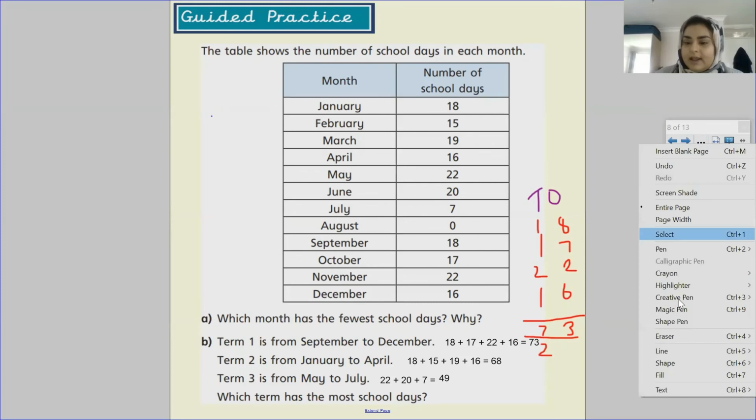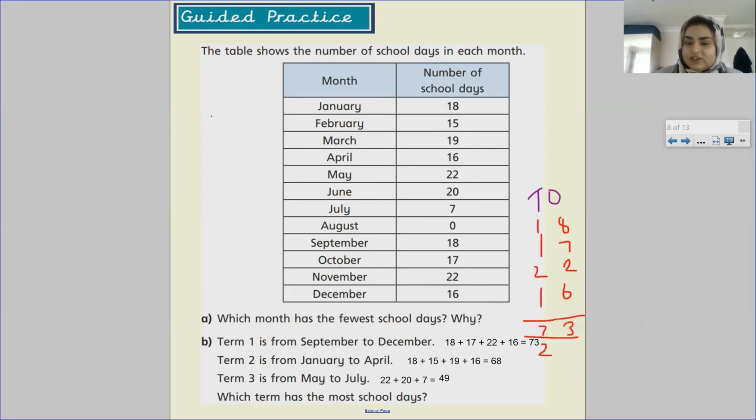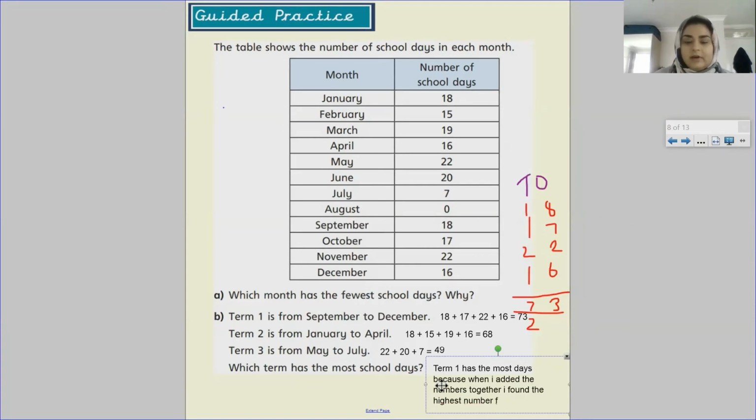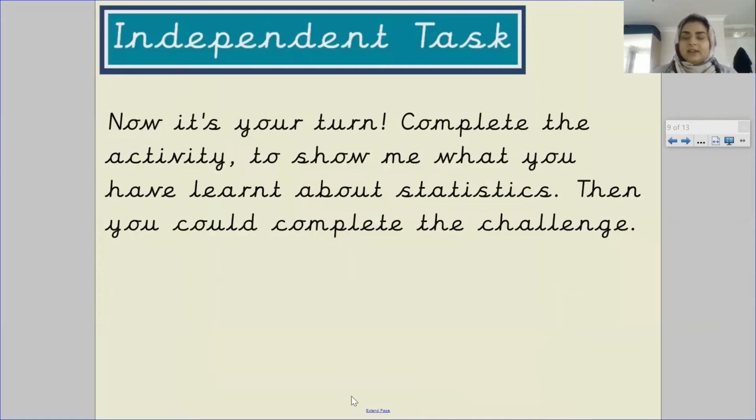Now, when I look at my totals for each term, I can see that term one has the most days because when I added the numbers together, I found the highest number for term 1. Okay, fantastic.